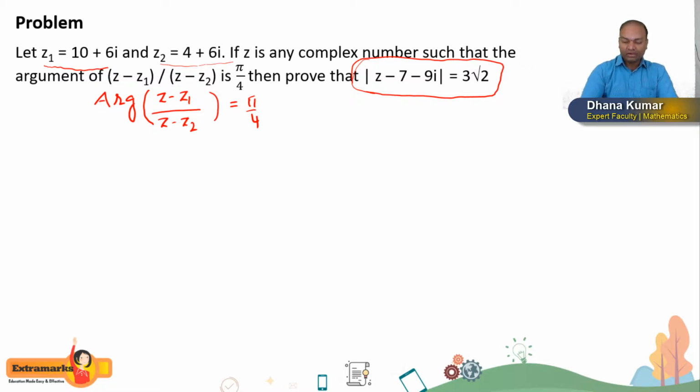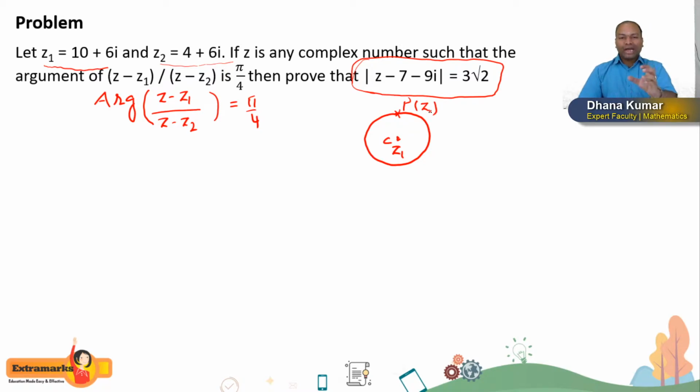First point, according to geometry circles concept. Suppose, okay, now you draw a circle like this. This is the center. I am assuming the center is z1. Now P is any point on the circle. P point I am assuming some z.